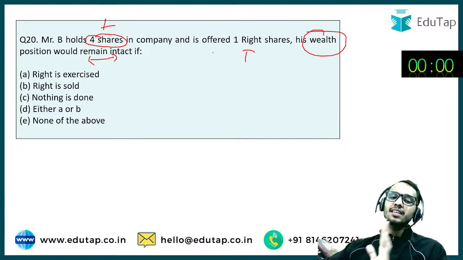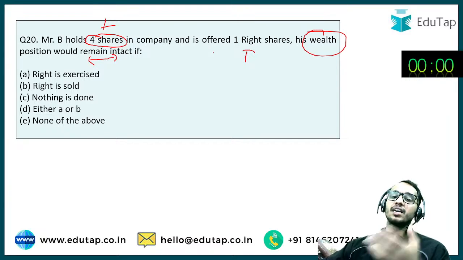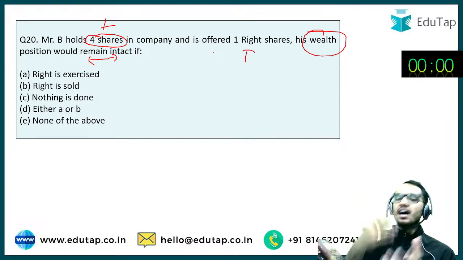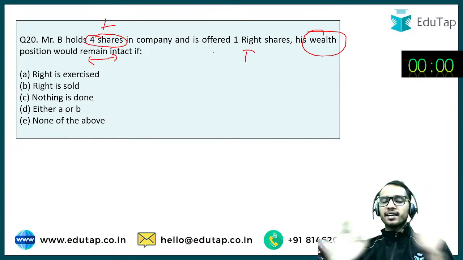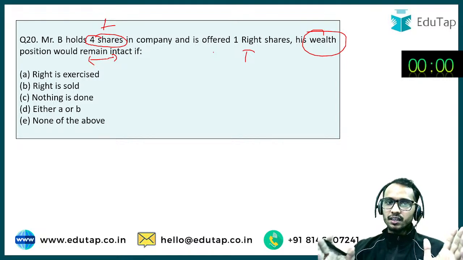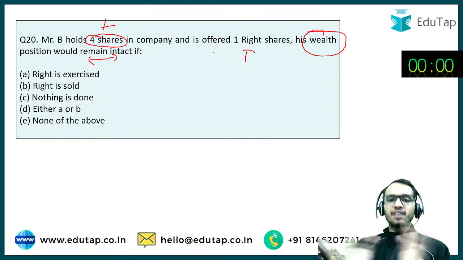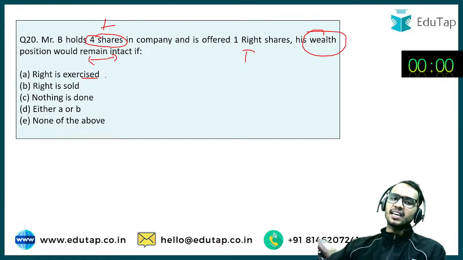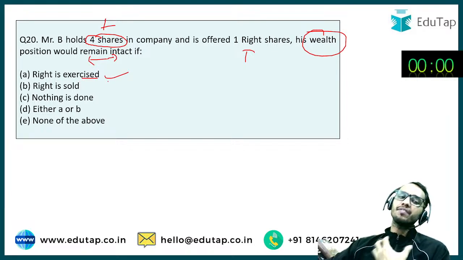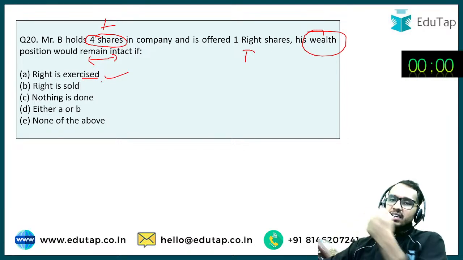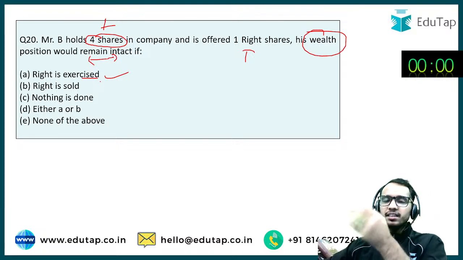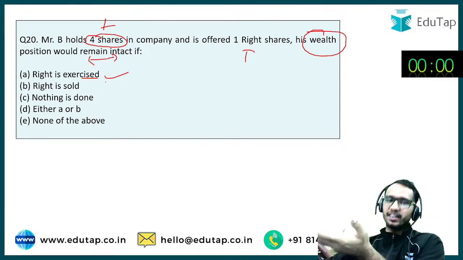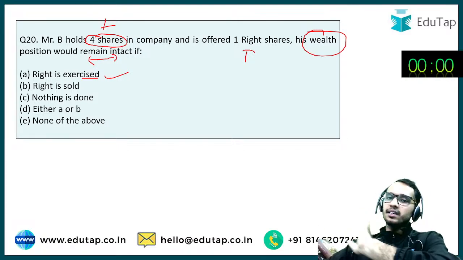Even if existing shareholders are getting right shares, market price will adjust itself, and they will not have any profit or loss when the right is exercised, because they get the shares at a price lower than the market price. So yes, there will be no effect.